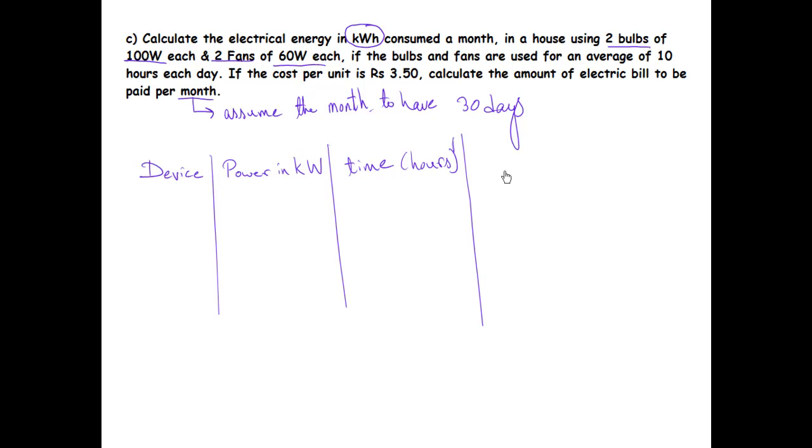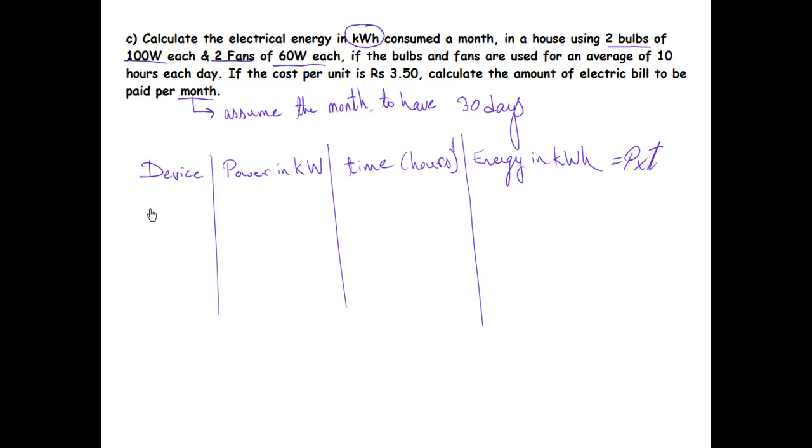And finally the energy itself in kilowatt hours, which is technically the product of the second column and the third column. So basically energy, which is power into time.